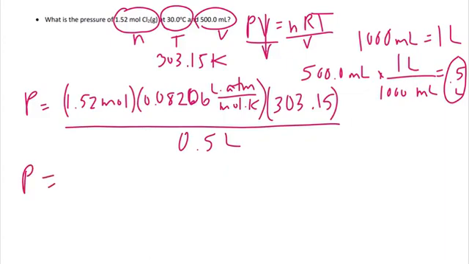And when we do my math, looking at my significant figures, again, I have 3 sig figs here, 3 sig figs there, 4 sig figs there, so I want to end up with 3. My pressure should be 75.6 atms.